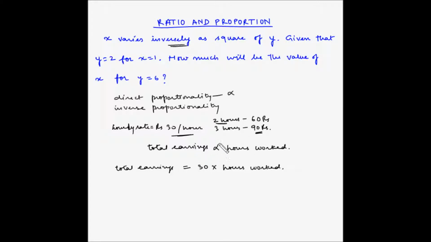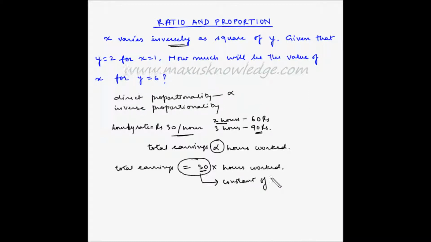So here what we have done is we have replaced this proportionality sign with an equal to and a number, which is nothing but a constant number. So as long as your rate is 30 rupees per hour, you can find out your total earnings by multiplying this number with the number of hours worked. So this number is known as the constant of proportionality.